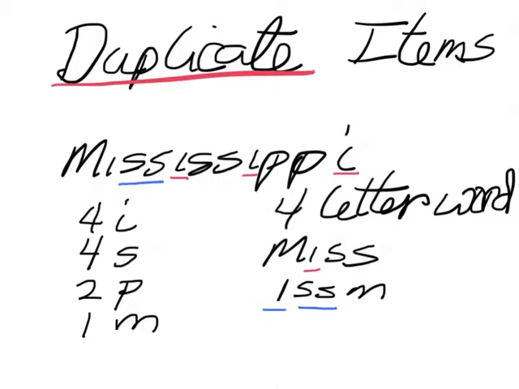I may have used those 2 S's, but I still have those 2. And so that kind of repetition, duplicate items, changes our formula. So that's what this video is about. It's pretty simple. I'll show you an example on the next slide.